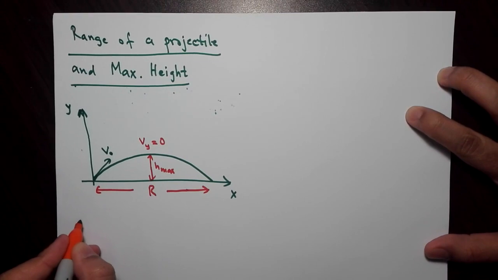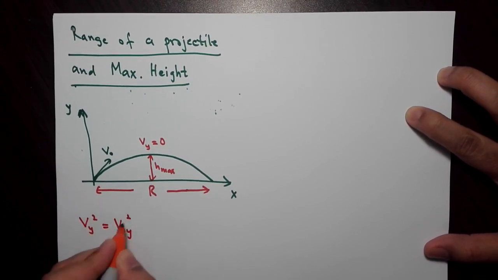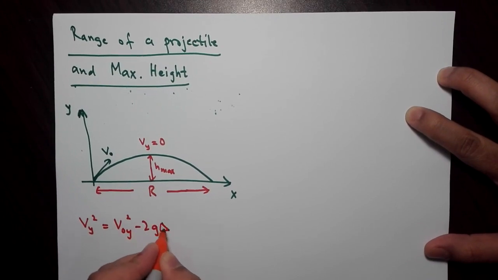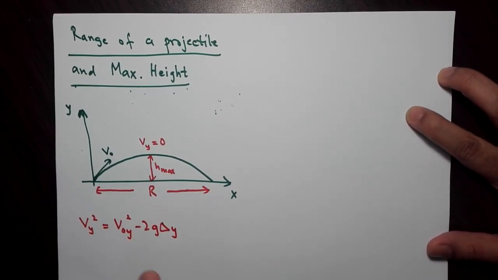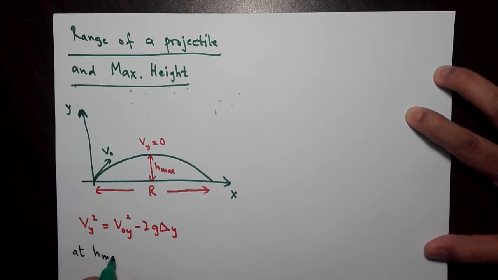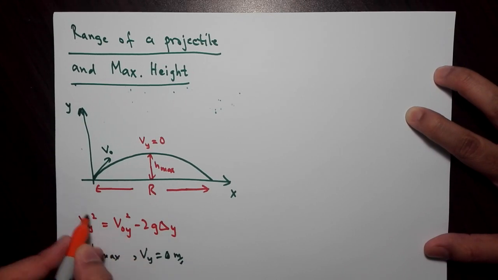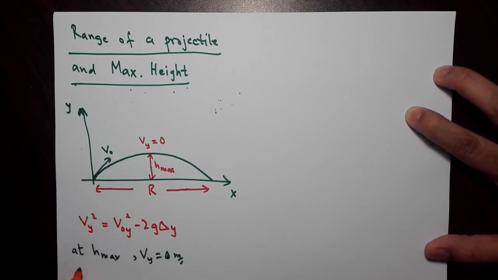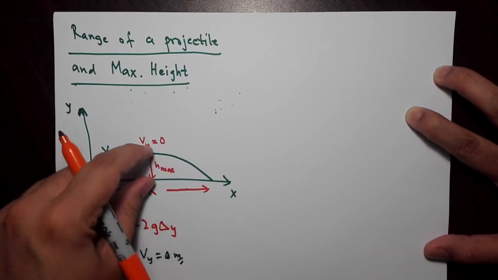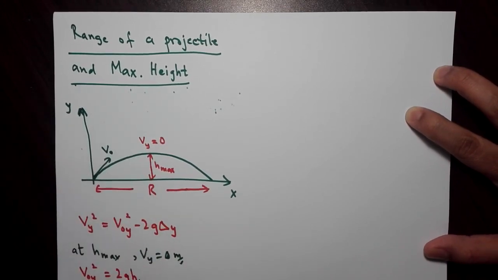Now let's use this equation: vy squared equals v0 y squared minus 2g delta y. If you plug in vy equals 0, so at h max, vy is equal to 0, you get 0 on this side, so v0 y squared is just 2g times delta y, which is h max.